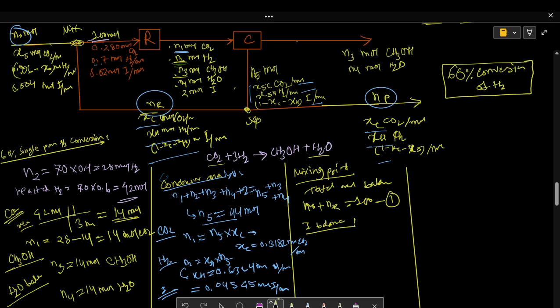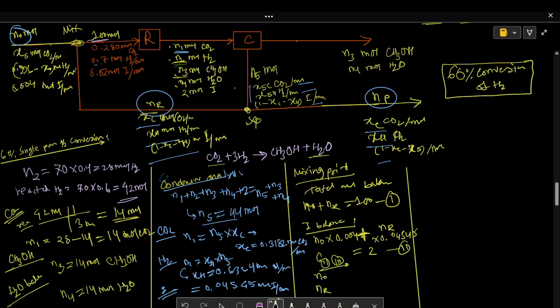Then we can write the inert balance at the mixing point. The inert balance will be N naught into 0.004 plus NR into 0.04545 is equal to 100 into 0.02, that means 2. So there are also two unknowns, N naught and NR. By these two equations, 1 and 2, we can easily solve for N naught and NR.